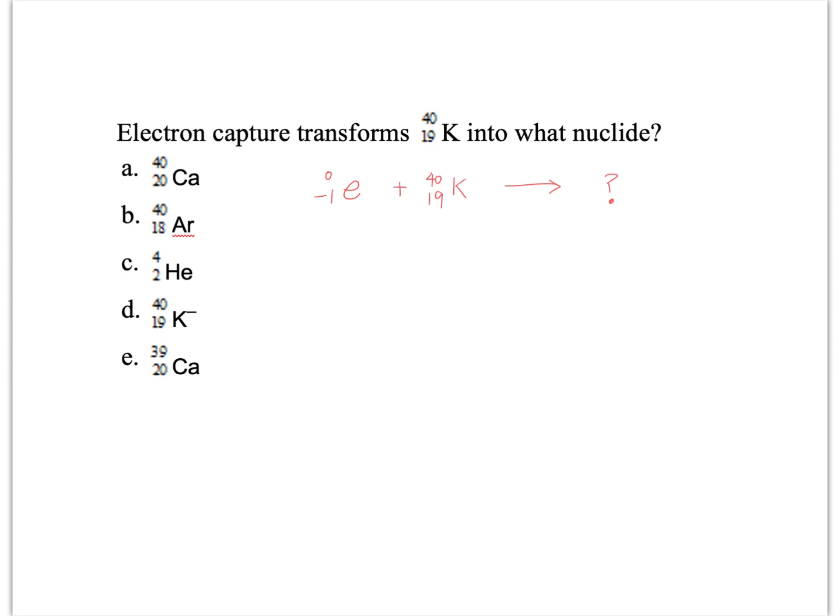Again, we are going to look at the atomic number and the mass number. For the atomic number, -1 plus 19 is 18. So whatever we have here is 18, and that is argon. And for the top, 0 plus 40 is 40. So the answer is argon.